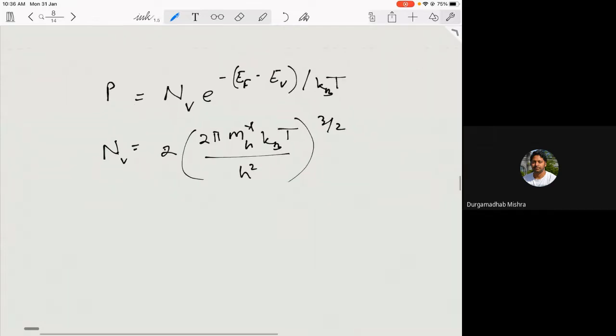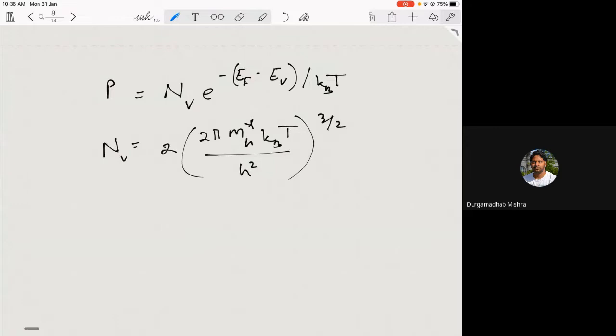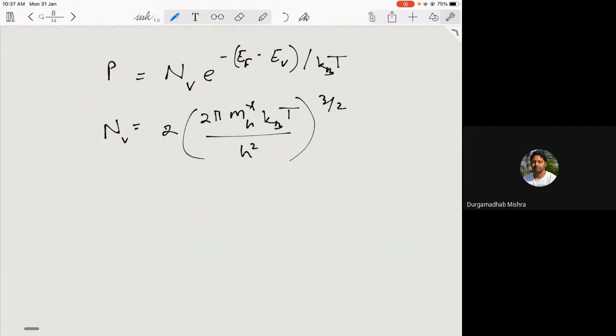So basically, one interesting thing we will observe here.